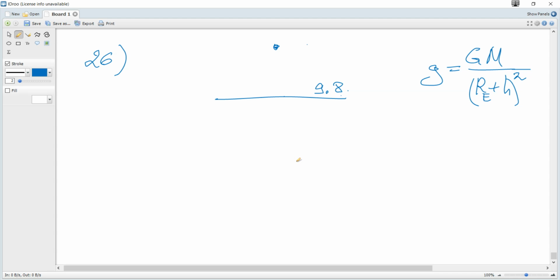Definitely not something we need. D, an approximation used for estimation purposes. Definitely D is correct. It's an approximation. We assume that it's constant because it changes slightly. Yes, it's D.